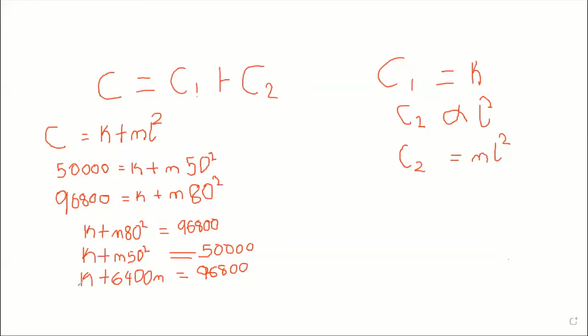Then the second one is K plus 50 squared is 2,500, so 2,500 M is equal to 50,000.